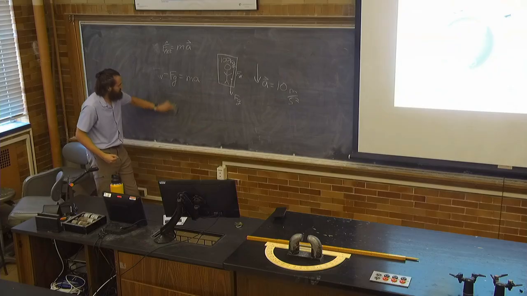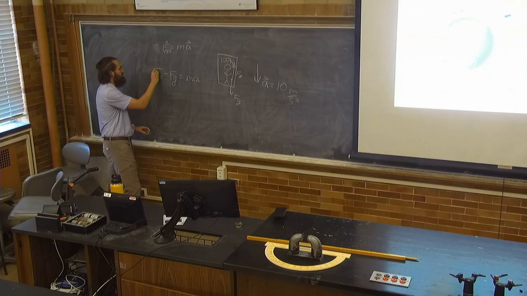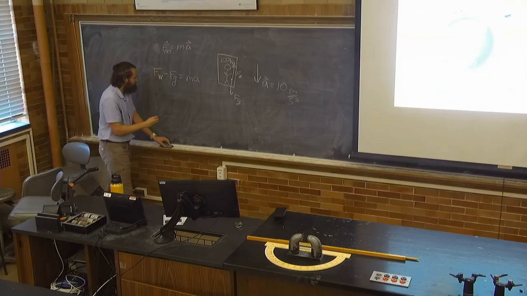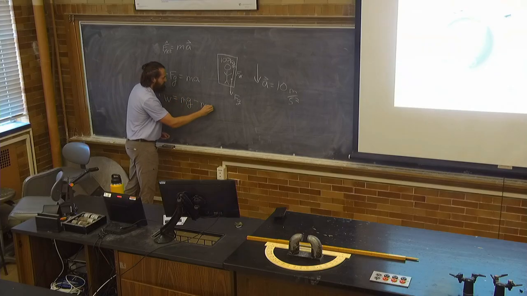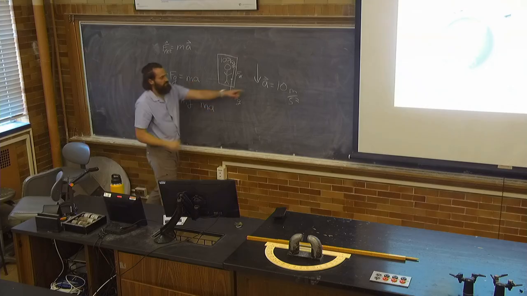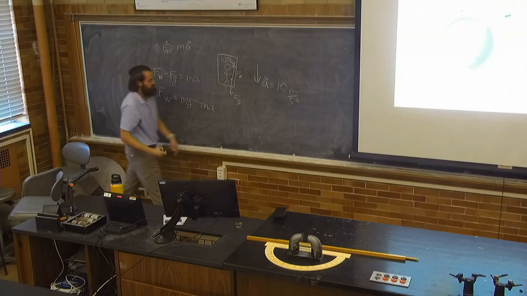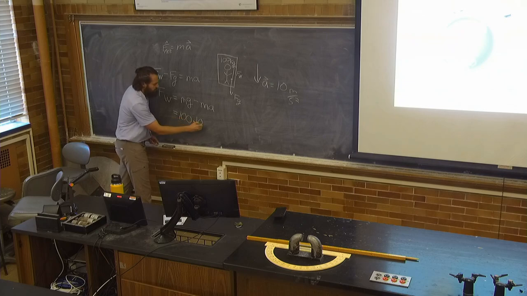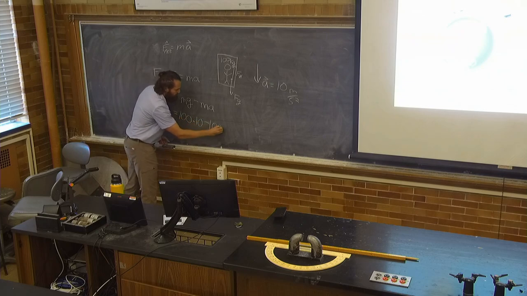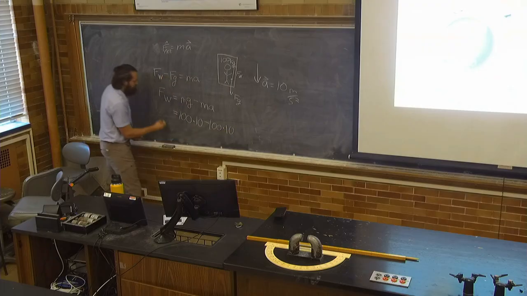So now if we try to calculate the weight again, now we have mg minus ma, so the a now is negative because it's pointing downwards, but g is equal to a, so we'll get 100 times 10 minus 100 times 10.